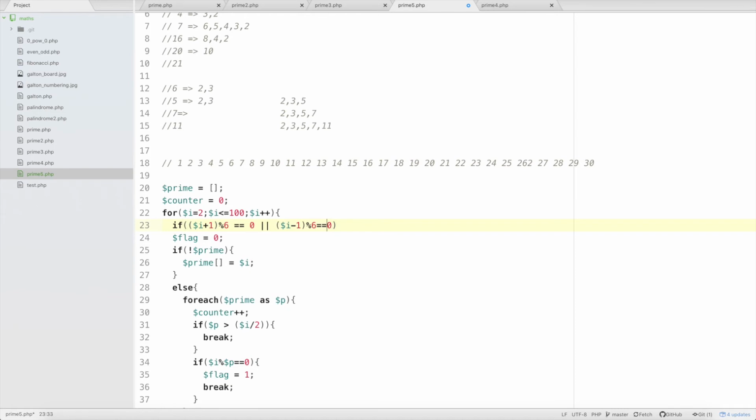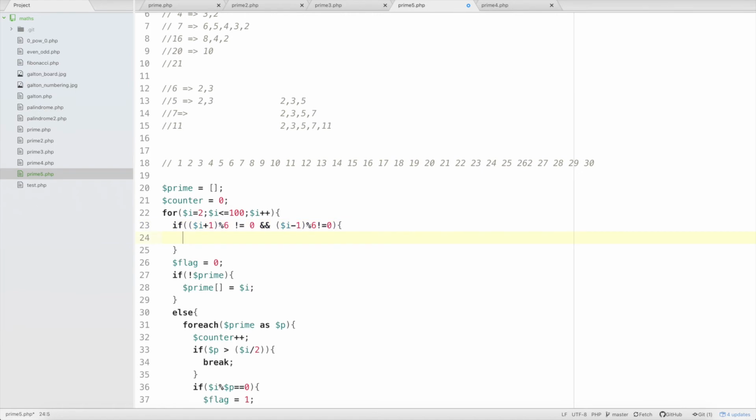So instead of saying I plus 1 modulus 6 is not equal to 0 and $I minus 1 modulus 6 is not equal to 0, if both of these are not valid, then I just want to skip the loop. I don't want to check further.